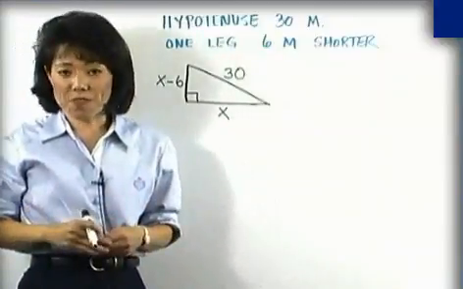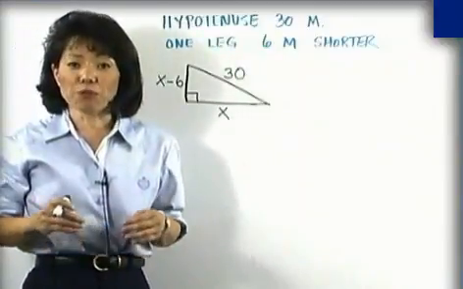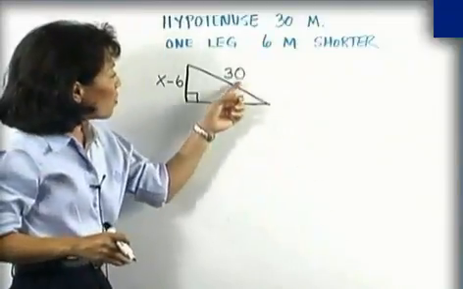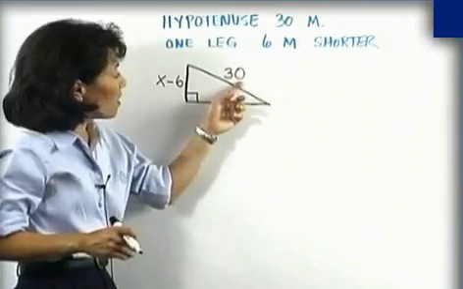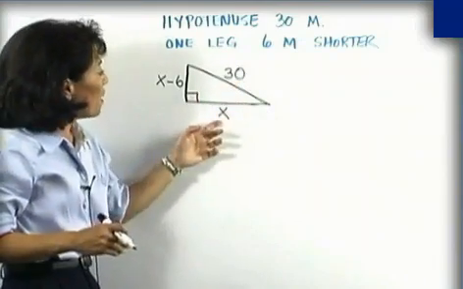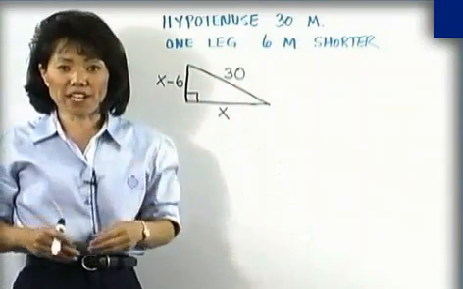Well, thank goodness for the Pythagorean theorem, because if you'll recall, the Pythagorean theorem tells us the length of the hypotenuse squared is equal to the sum of the lengths of the legs squared.